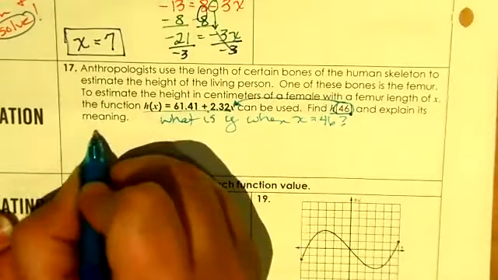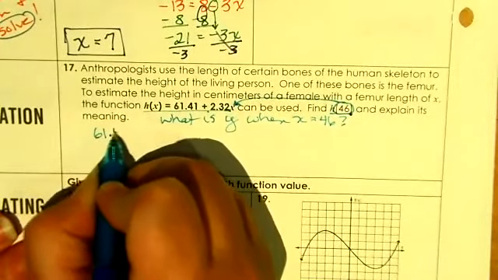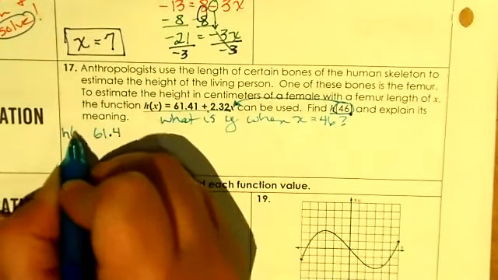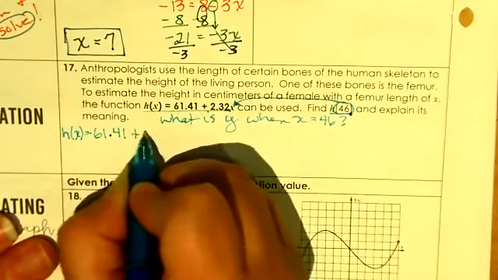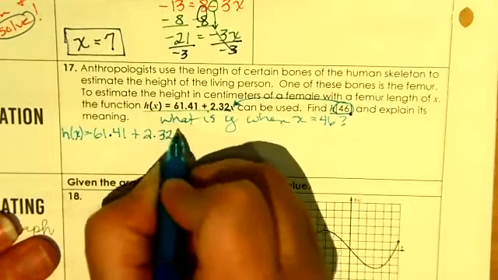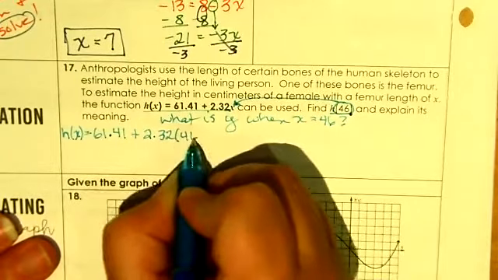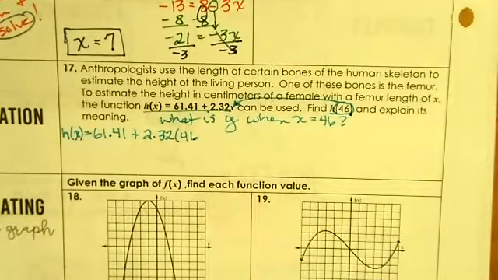So I'm going to have h of x equals 61.41 plus 2.32 times 46. And we get to use a calculator.